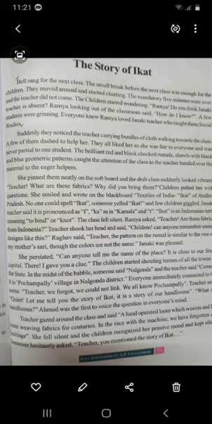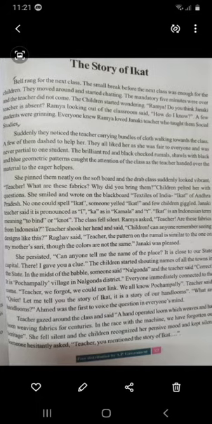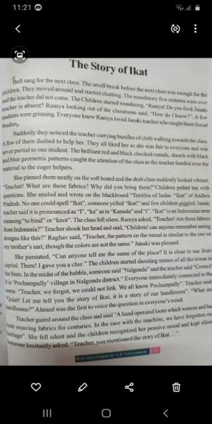Means she was never partial to any person. Fair means here she treats everyone equally.